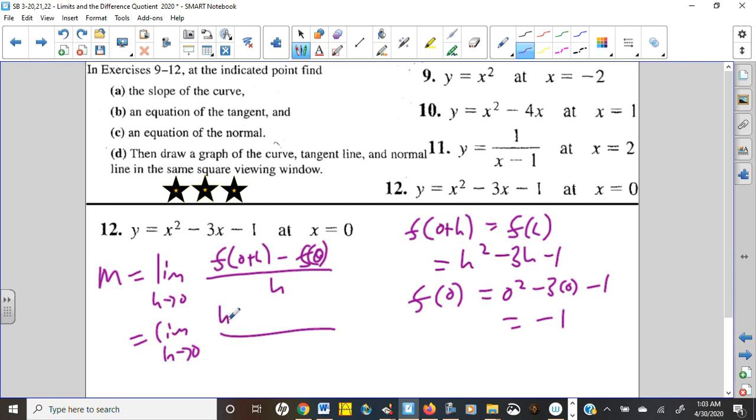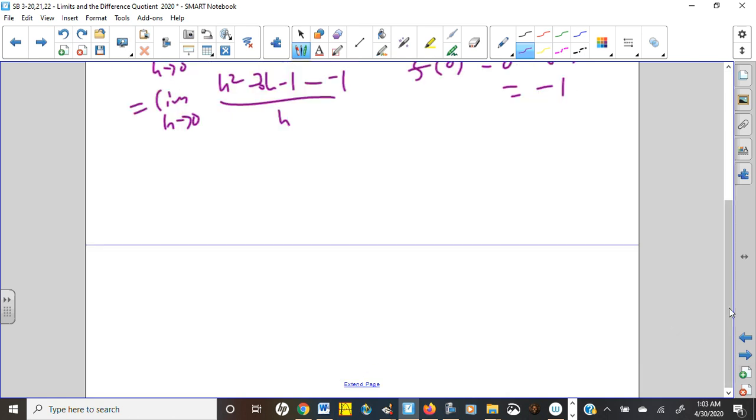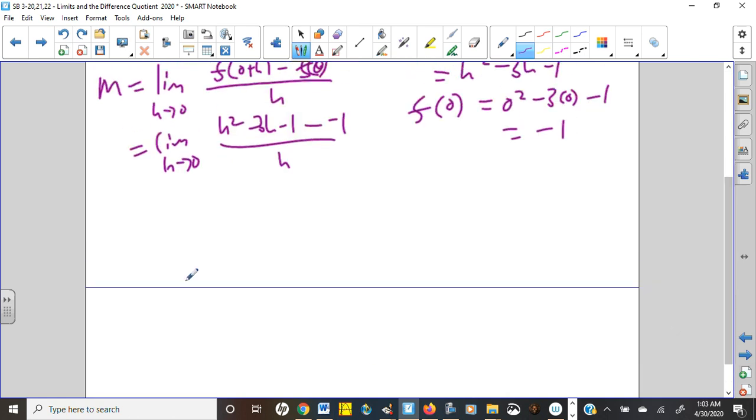It's h squared minus 3h minus 1, and then subtract the -1 we found for f of 0, which is in turn going to turn into a +1, isn't it? Because we're subtracting a negative.